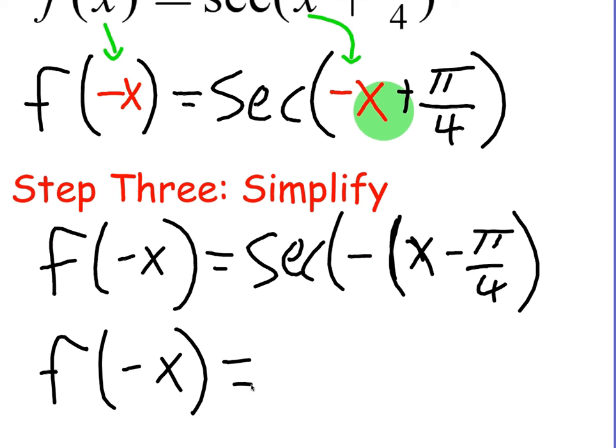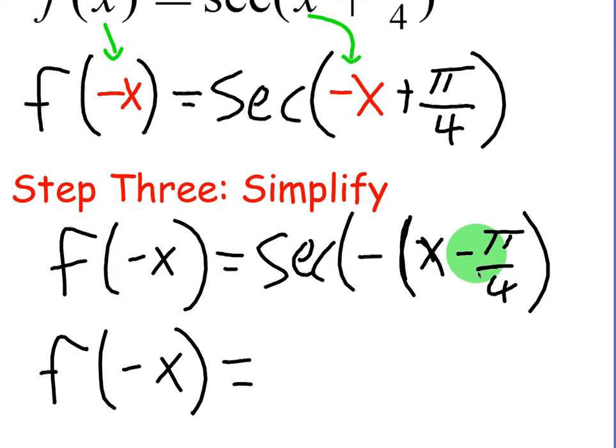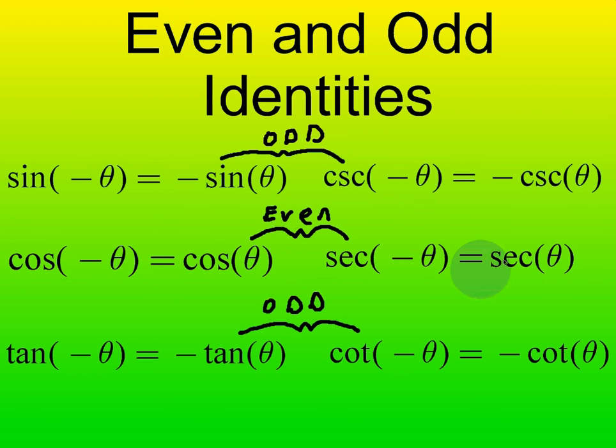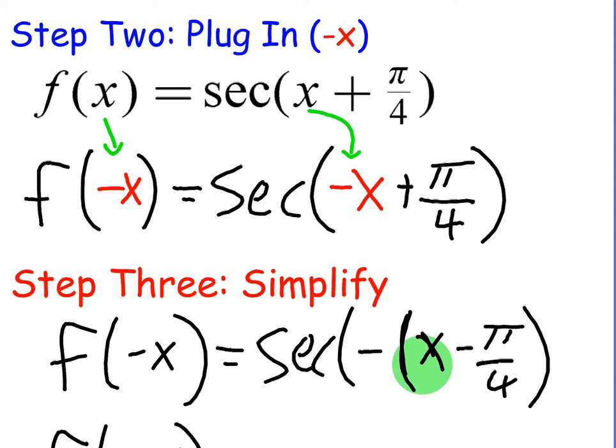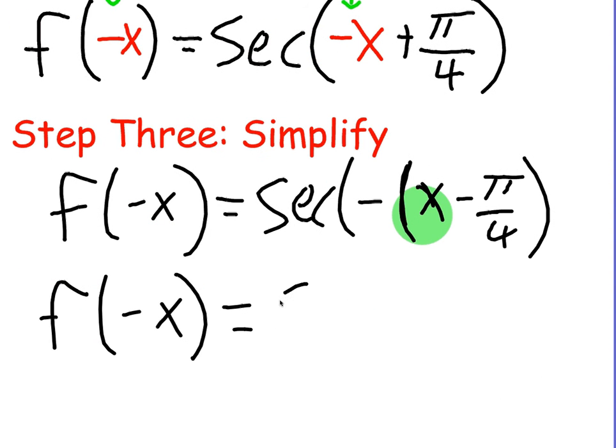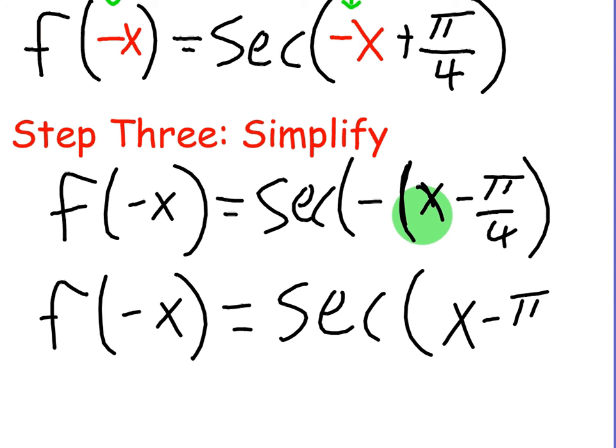And now we know that secant of negative whatever just ends up becoming the positive version of that, right? Because, for example, if this was theta, secant of negative theta is secant of theta. Why? Because as we said before, secant is even. So we'll just imagine that x minus pi over 4 is theta. Okay, so we're going to write this as f of negative x is equal to secant of x minus pi over 4.